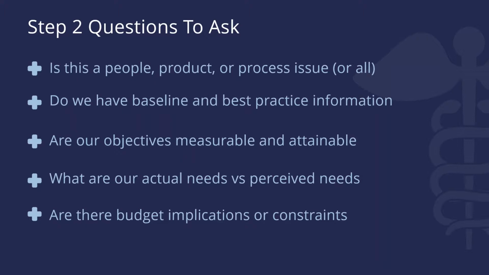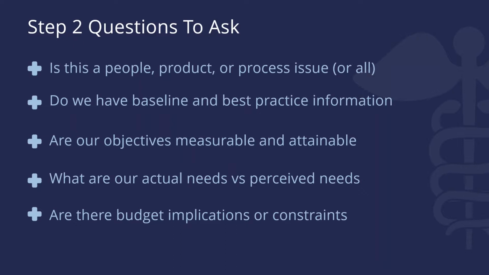Are our objectives measurable and attainable? So as you're comparing current state to desired future state, you can start to see right off the bat, if you're trying to, let's say, engage a patient population that does not have easy access to care, whether it's because they're in a rural area or it's a financial reason, but your objective is to get them all to have physicals once a year and have this level of engagement in their healthcare, and you're comparing your efforts or what you can do to those of a much larger or much more lucrative organization, you can see that right off the bat as you're looking at your objectives.